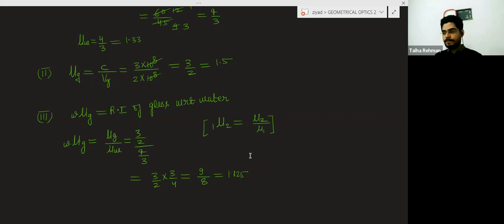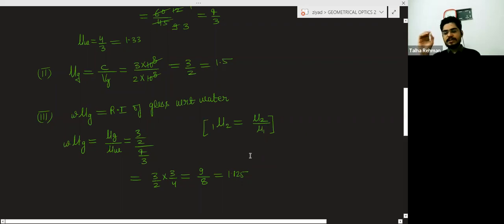There are two laws basically, not like the first law of thermodynamics, second law, third law. Secondly, the whole phenomenon of light takes place in a plane, means the incident ray, reflected ray, and normal at the point of incidence lie on the same plane.